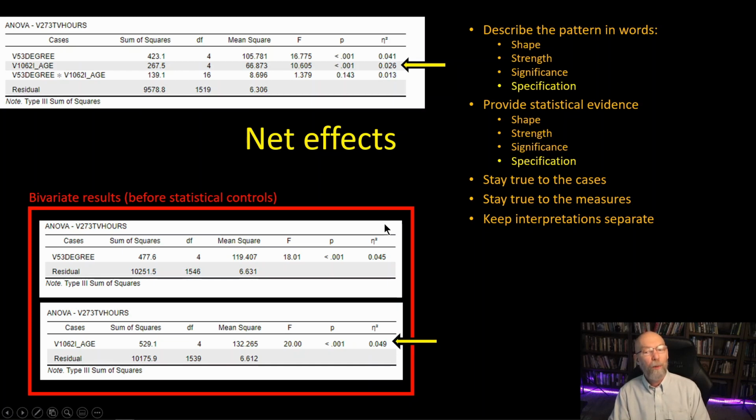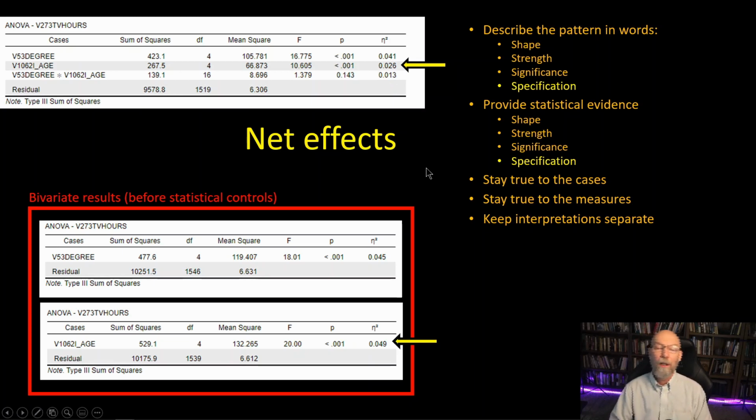But instead it's the other way around. What's really happening is a degree effect, and degree is making a difference, and that's why it didn't change. But age is not as consequential as it looked like in the bivariate. It's not really explaining 5% of the variation. After you take away the variation being caused by degree, then you find that age only explains 2.6% of the variation. Still statistically significant, that's nice, but it's a much weaker effect.